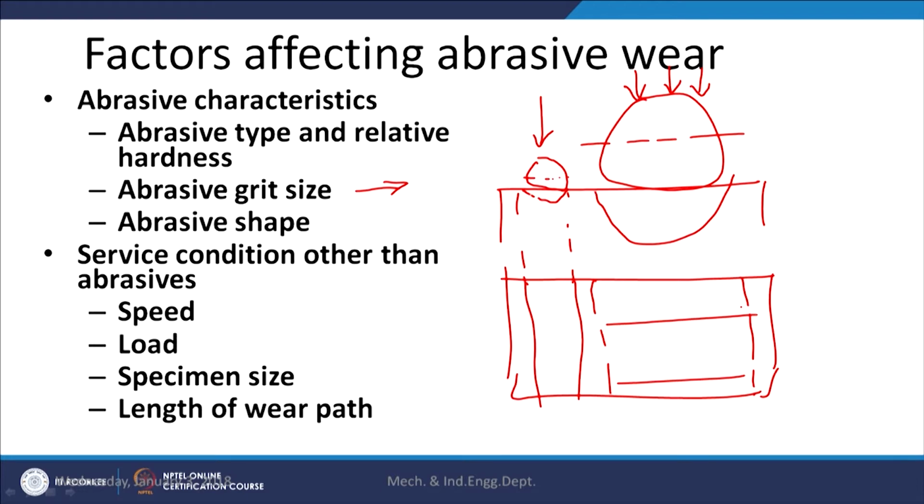Since the volume of material removed by abrasion is equal to the volume of the scratch formed, the abrasive grit size directly affects the volume of material removed by the scratching action. If we see this closely, the area of material removed from a particular section is directly influenced by the depth of penetration caused by the abrasive particle.